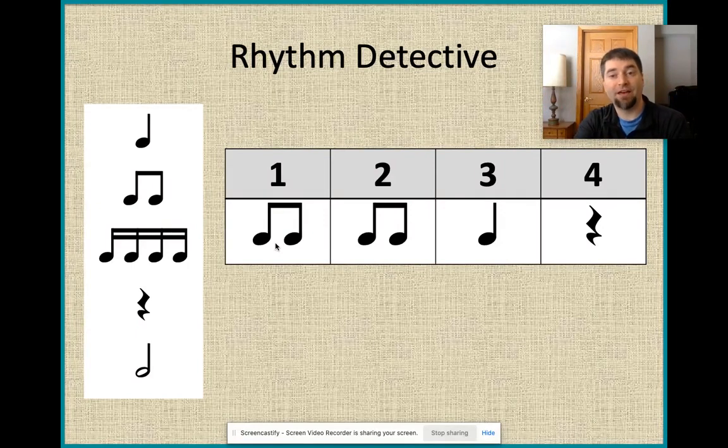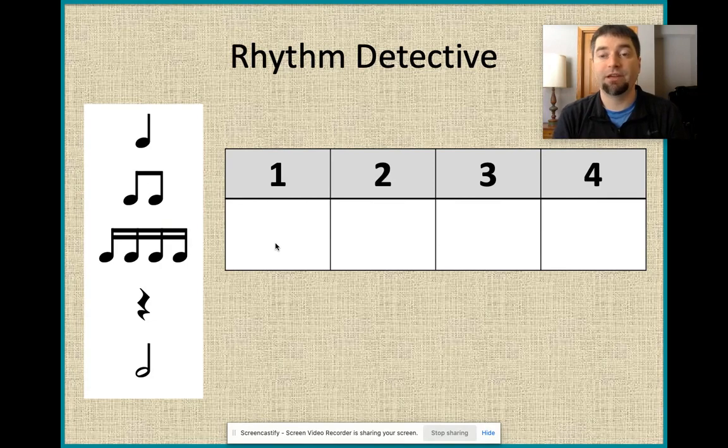Let's try another pattern. Here's the first time listening. Ready? Second time listening.